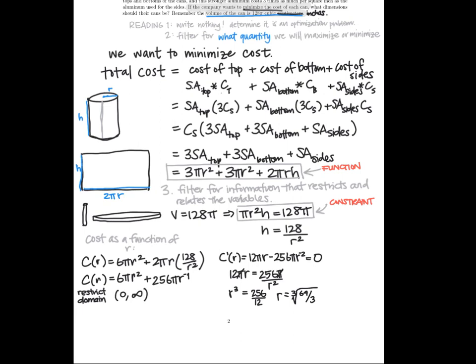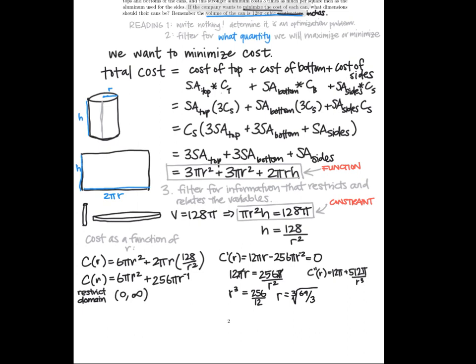We already suspect, because of the two ridiculous cases, all height and almost no radius and all radius and almost no height, that those are the expensive approaches towards the endpoints. And so the critical point we found in the middle is probably going to be a minimum, or at least we hope so, because this entire problem is talking about it. But let's apply the second derivative test to this first derivative.